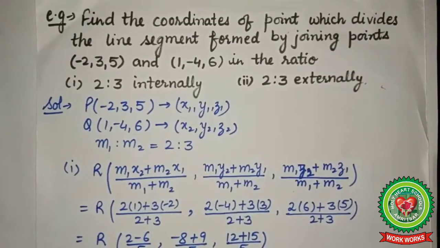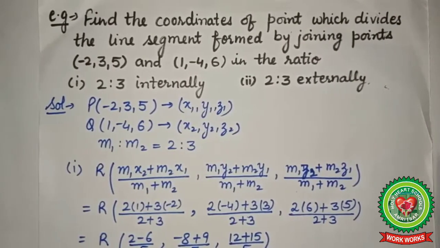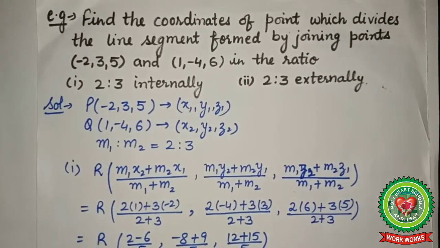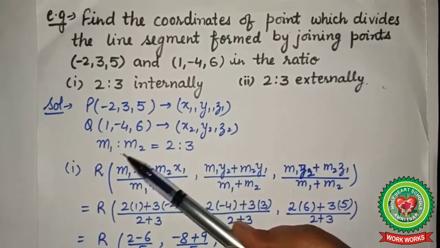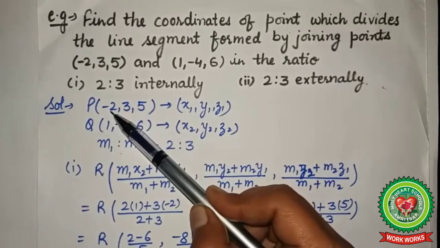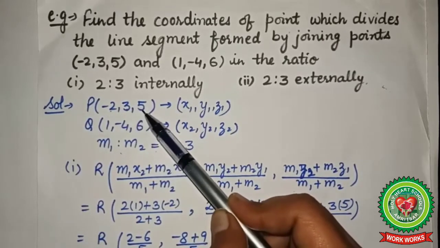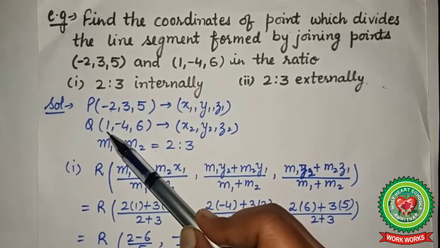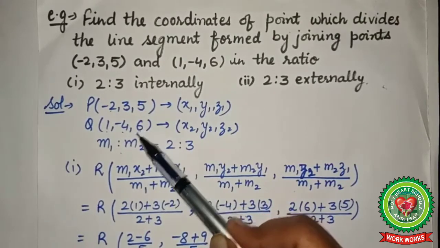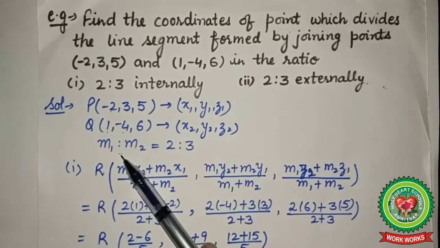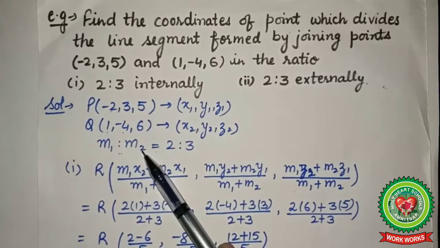Now word is there internally and externally. So be careful regarding this. So first is given x1, y1, z1 and second is x2, y2, z2. Ratio can be denoted with m1 ratio m2.